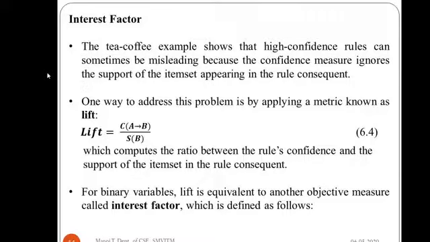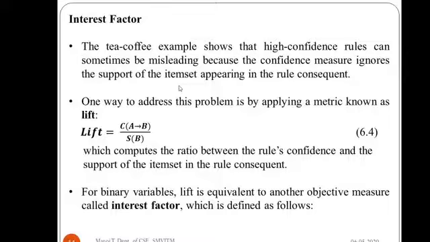In order to avoid the misleading created by the high confidence rules, the confidence measure, which ignores the support of the item set in the rule consequent, has to be avoided.